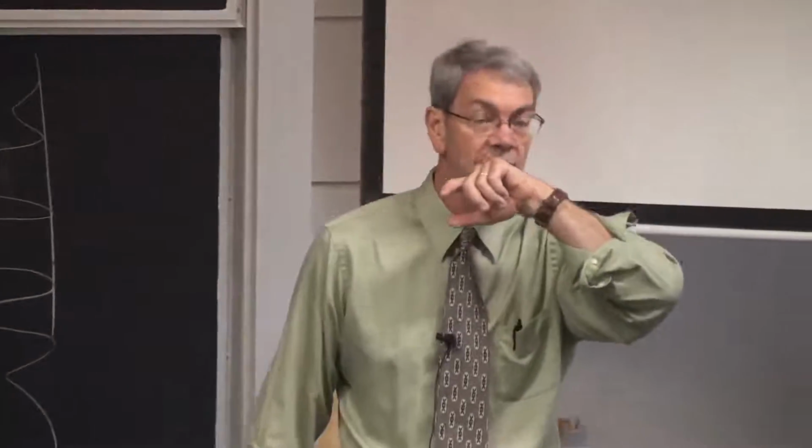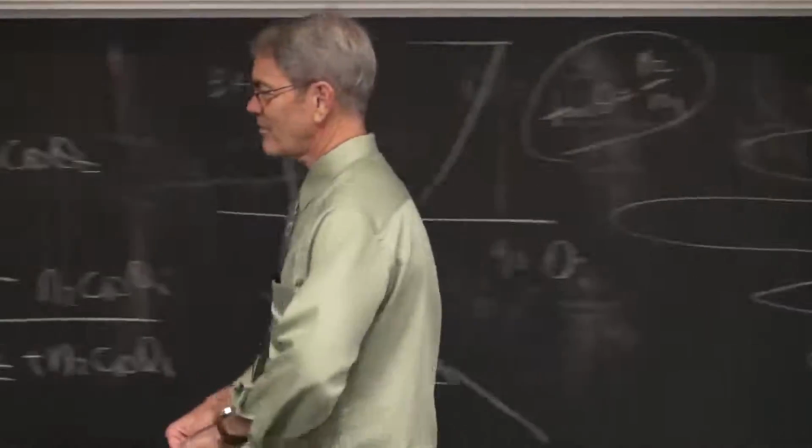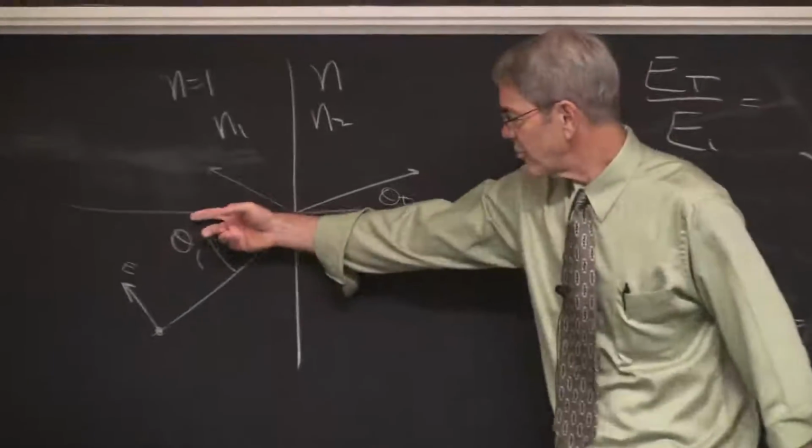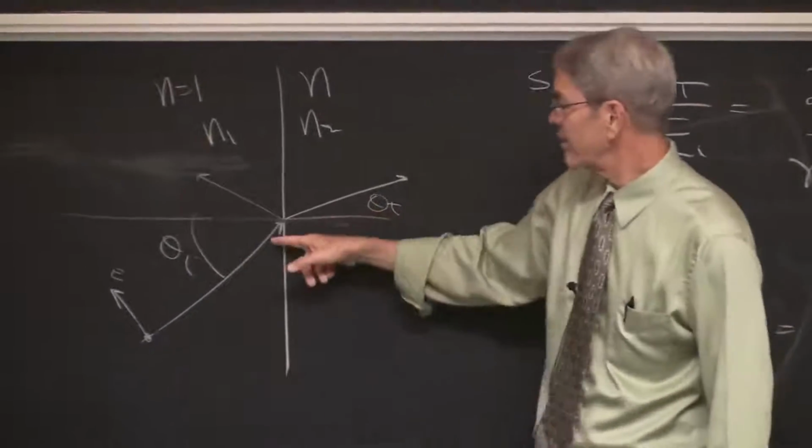Yeah, sorry. What does S and P stand for again? Senkrecht, parallel. It's German. Senkrecht, who's German here? That means transverse. Parallel means parallel. So you've got a plane of incidence. Here's my plane of incidence. Here's my normal. I'm coming in like that.